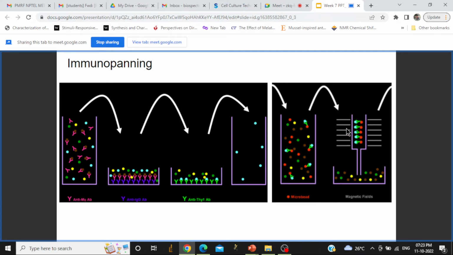In this magnetic case, these cells have some antigens or markers, and these markers are present only on this type of cell. So this antibody and magnetic bead will only attach to this type of cell, and only this type of cell will be separated. So it is more specific. That's why immunopanning or FACS are used mostly for cell sorting. Is it clear, Selvam?